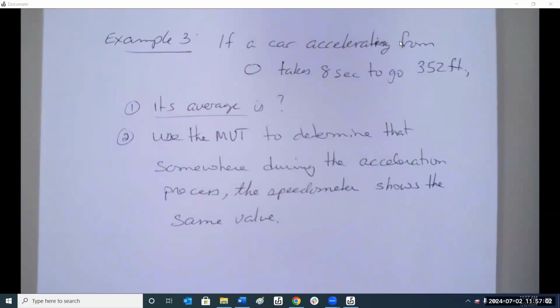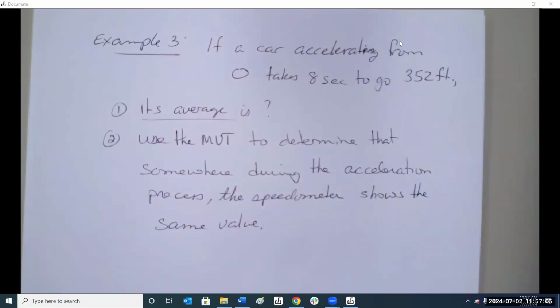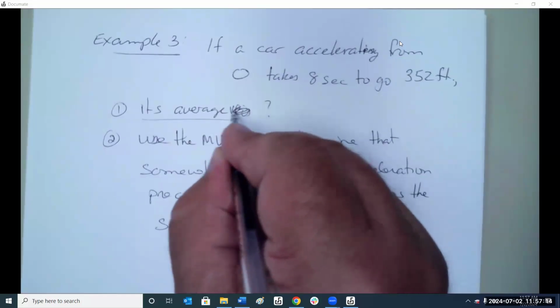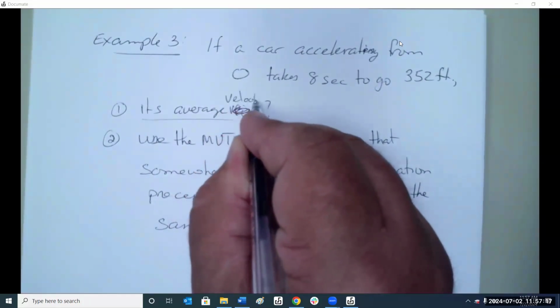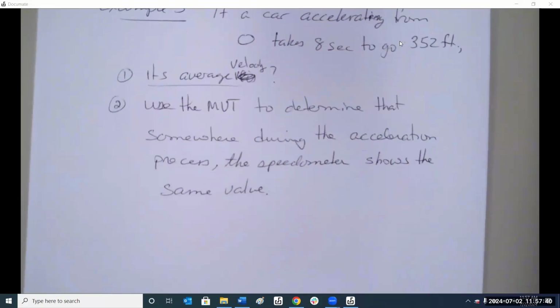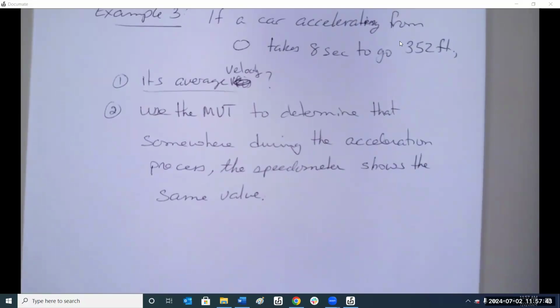So how do you do this one? If a car accelerates from zero, takes 8 seconds to go 352, what is its average velocity? What does average mean?